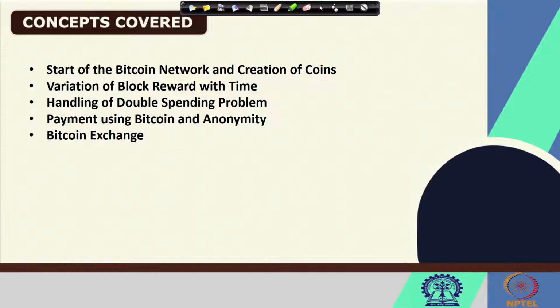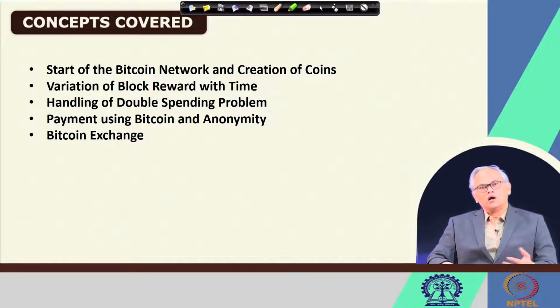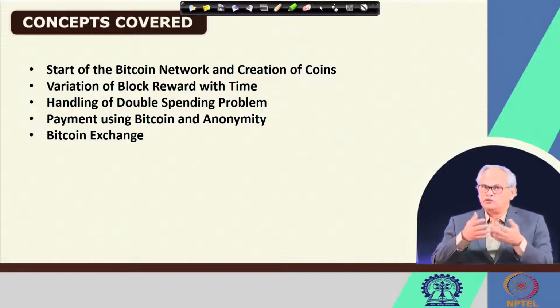The concepts that we plan to cover in today's lecture are as follows. We will see how this Bitcoin network started and how coins were created, how the block reward, the reward you get for generating new blocks, has changed with time and the reason for doing it, and then how double spending is handled, the problem that is otherwise of concern.